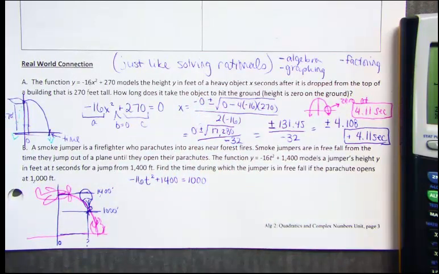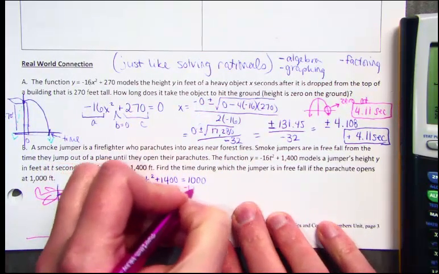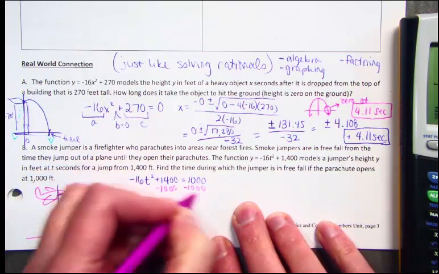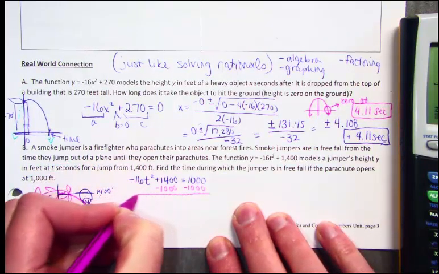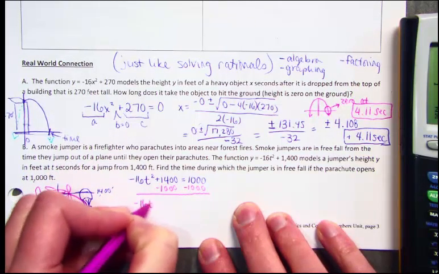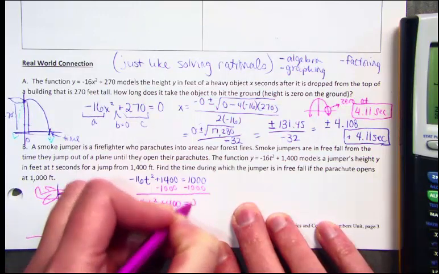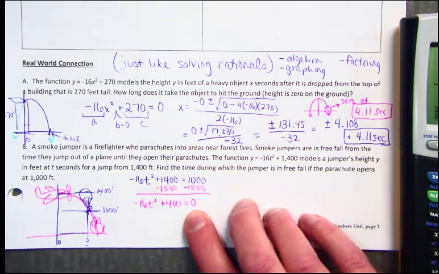And I'm going to use that same step here, setting it equal to 0 first. I have to do this because my quadratic formula only works when it's equal to 0. So we're still using the same strategies we talked about last week of setting it equal to 0 first.